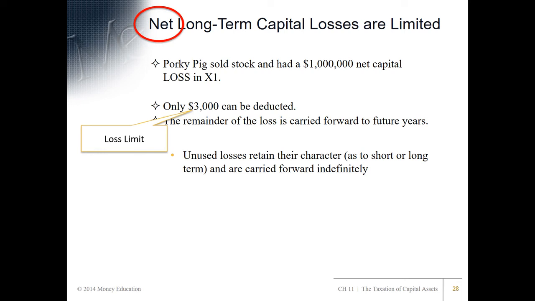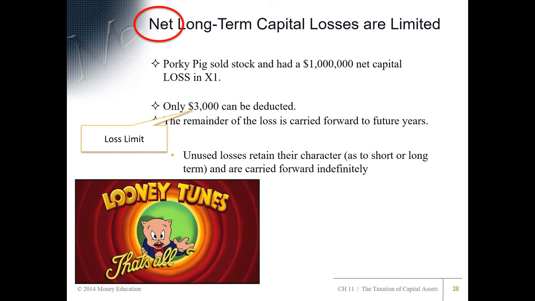So he's not even going to live long enough to get a tax benefit from that whole loss, most likely. But the remainder is carried forward to future years. Now, unused losses retain their character as to short or long term, and they're carried forward indefinitely. So we'll talk more about what that really means here in a moment. So $3,000 capital loss, that's all.